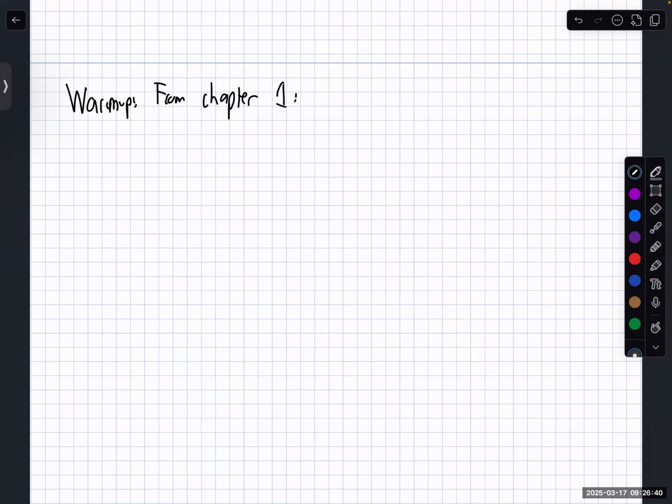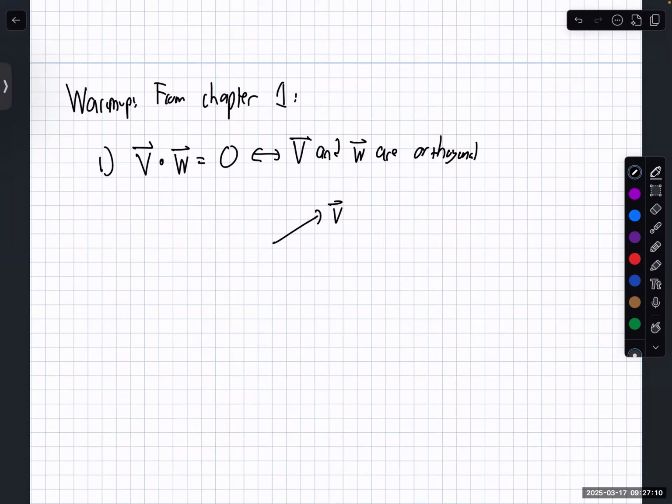I want to remind you a couple things that came up with vectors and specifically dot products. Do you remember what a zero dot product told us about the two vectors? Very good. So the picture you should have is the two vectors meet at a right angle. They're perpendicular to each other.